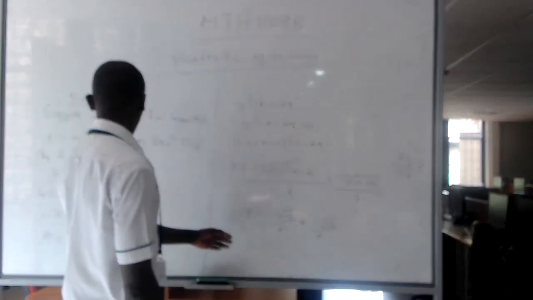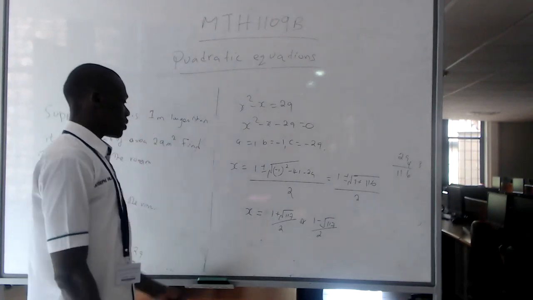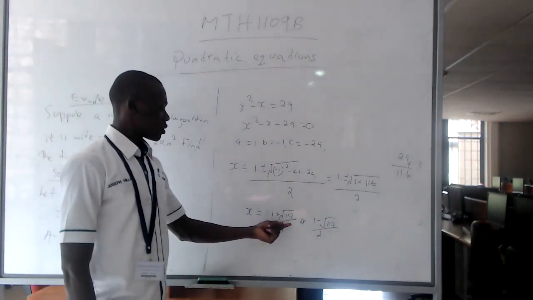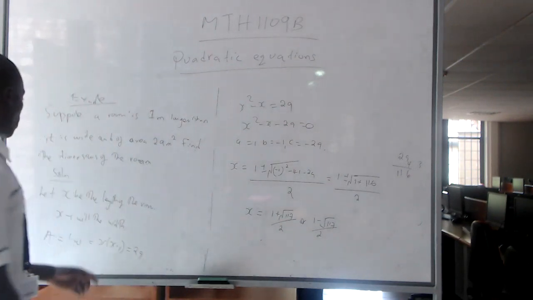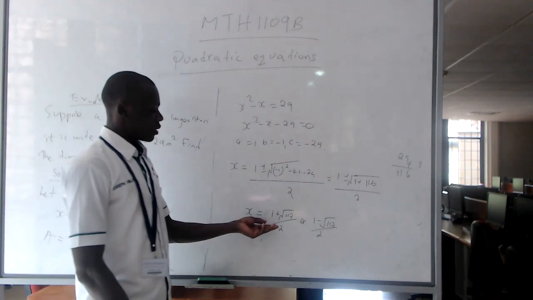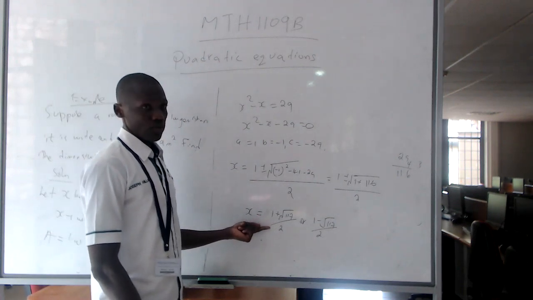So that means the length of this room will be 1 plus the square root of 117, all divided by 2. The width is obtained by subtracting 1 from this.